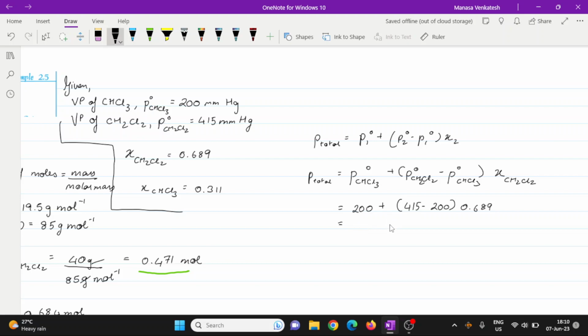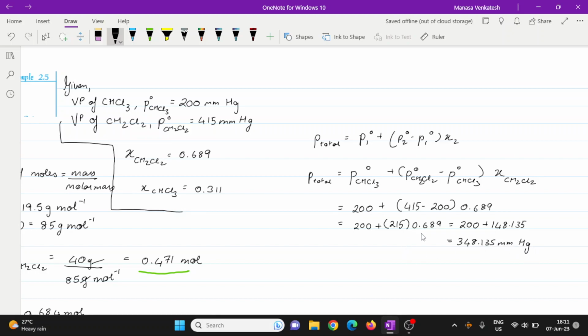This gives us 200 plus 215 into 0.689, which is equal to 200 plus 148.135, and this gives us 348.135 mmHg.